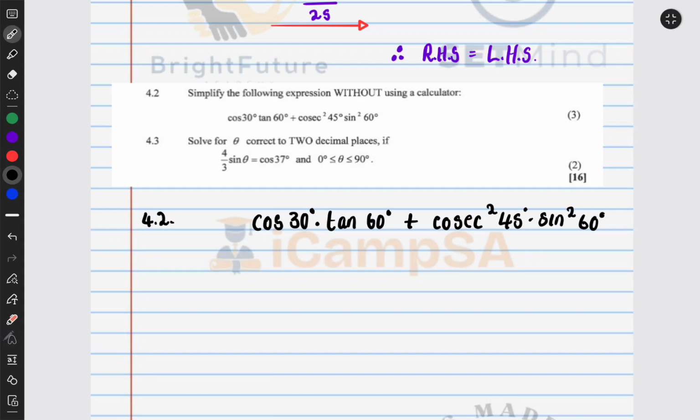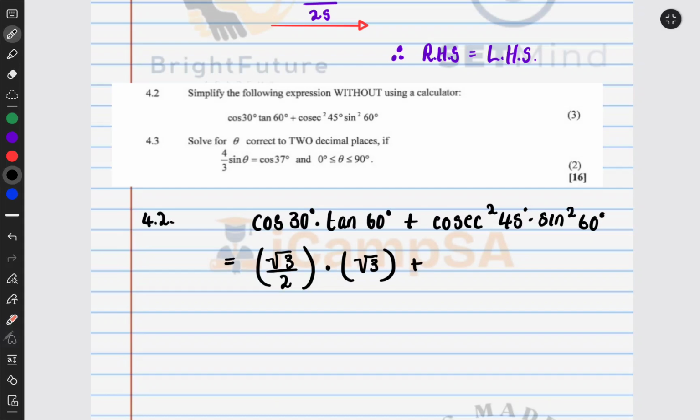What is cos 30? Cos is adjacent over hypotenuse, that should be root 3 over 2. Multiplied by what is tan 60? Tan 60 is opposite over adjacent, which is just root 3.